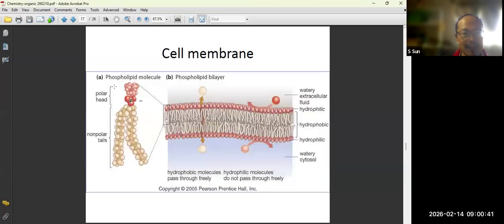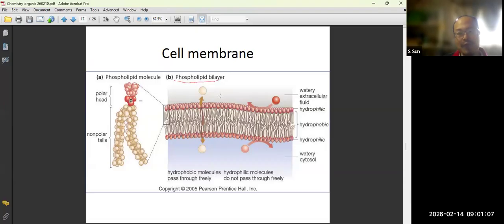So here you have the polar head, which can interact with water. The nonpolar fats meet with each other. This is a hydrophilic head and hydrophobic tail, and so we call this a phospholipid bilayer.